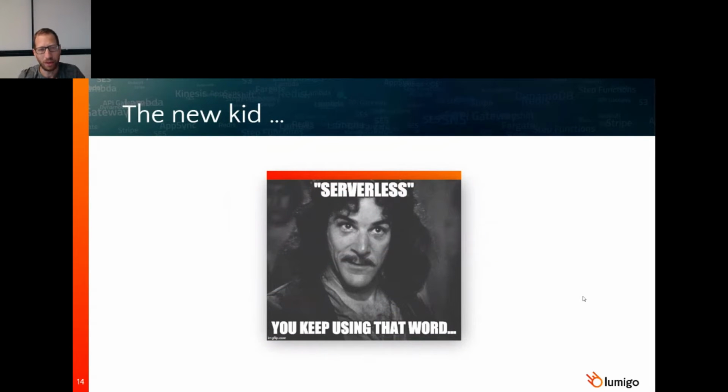And with that in mind, I want to move to serverless. Serverless is, I want to call it the next generation, but it's actually parallel to Kubernetes and containers and microservices implementation in general.